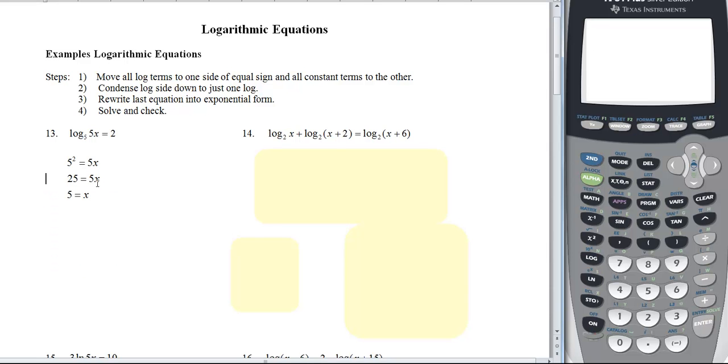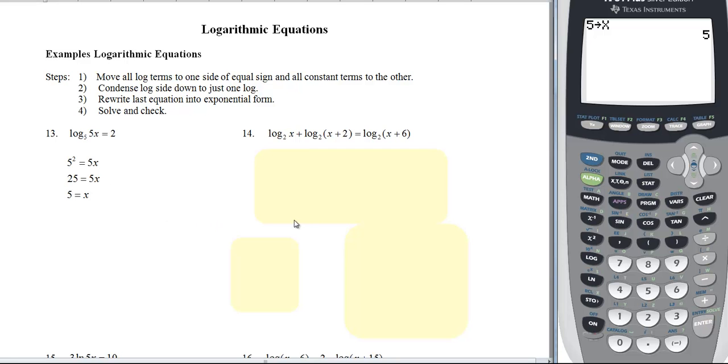X should be 5. Now to check this, it takes a little bit longer because a lot of these are not the nice bases that we have on our calculator. So let me store 5. Actually, in this one, I don't really need to do it in the calculator because I could put 5 here. That would be log 5 squared base 5, and the exponent is what it's equal to since my number and my base are the same.